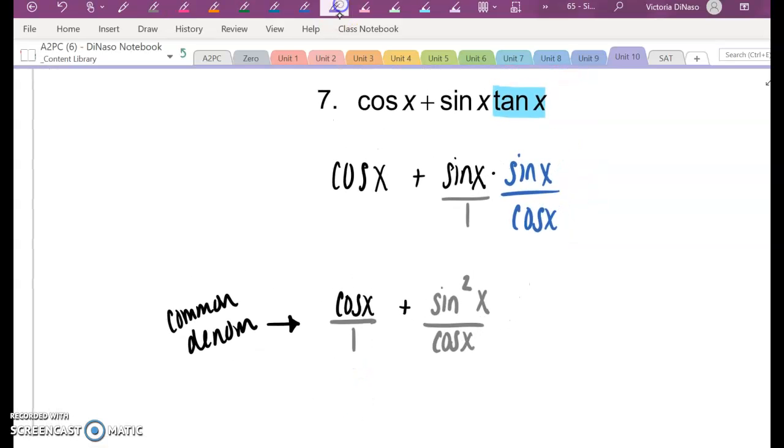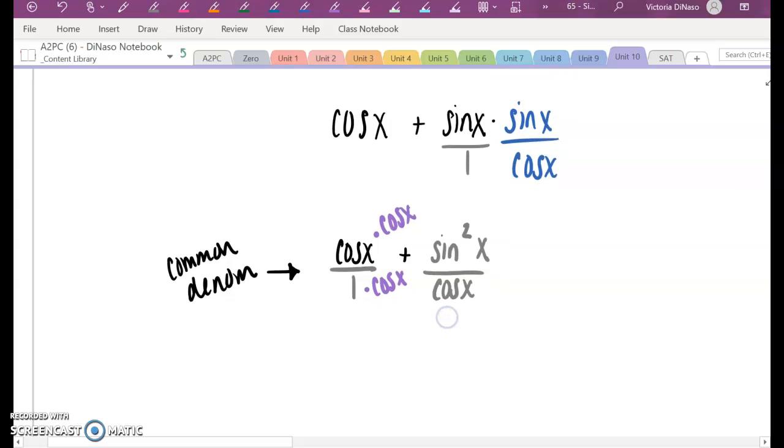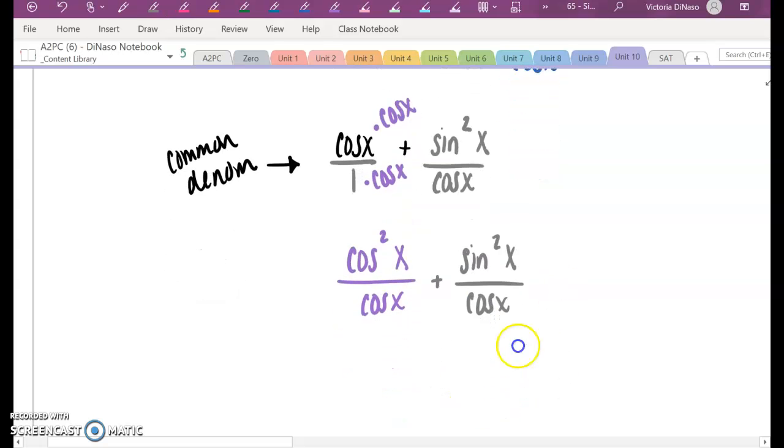So we're going to multiply the numerator and the denominator by cosine. Now I have cosine times cosine, which is cosine squared x, all over cosine x. Don't cancel. Yes, I know that they cancel, but we can't cancel because we just multiply, so that we're able to combine these fractions. We've got plus sine squared x over cosine x.